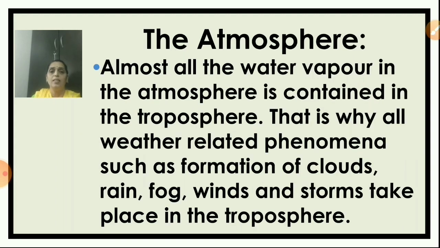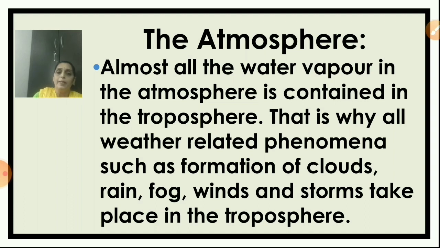Okay. Now the next. Almost all the water vapor in the atmosphere is contained in the troposphere. That is why all weather related phenomena such as formation of clouds, rain, fog, wind and storms take place in the troposphere.